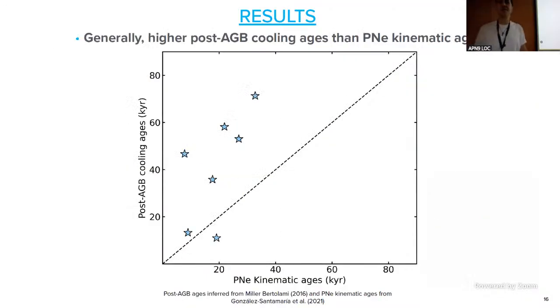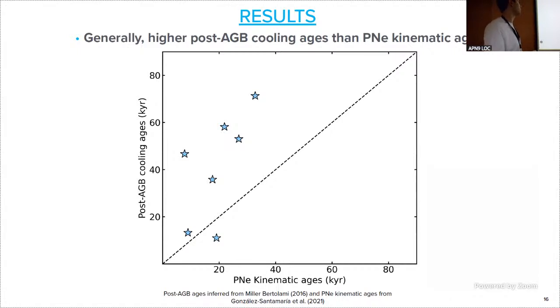This topic has been going on since Monday, the comparison of post-AGB cooling ages and the kinematical ages. What we did is to measure the post-AGB ages from Marcelo's tracks, and then from the literature, González Santamaría, the kinematic ages. We see that generally post-AGB cooling ages are higher than the kinematic ages.